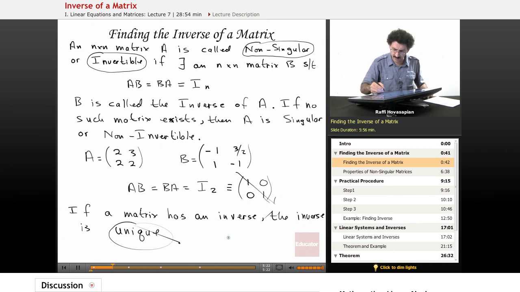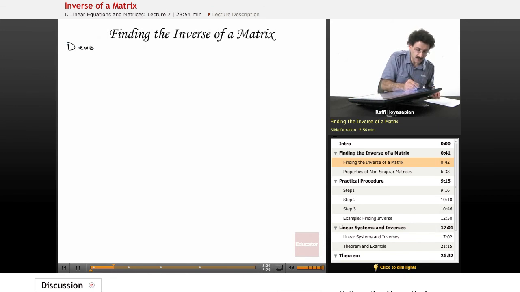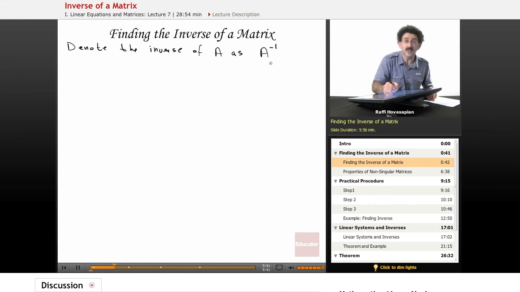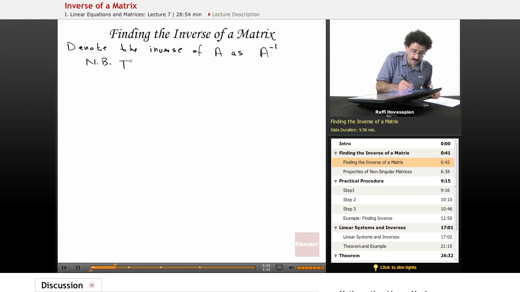Okay, let's talk a little bit about notation. We want to denote the inverse of A as A with a little -1 as a superscript. And nota bene, which means notice this very carefully, this is symbolic.